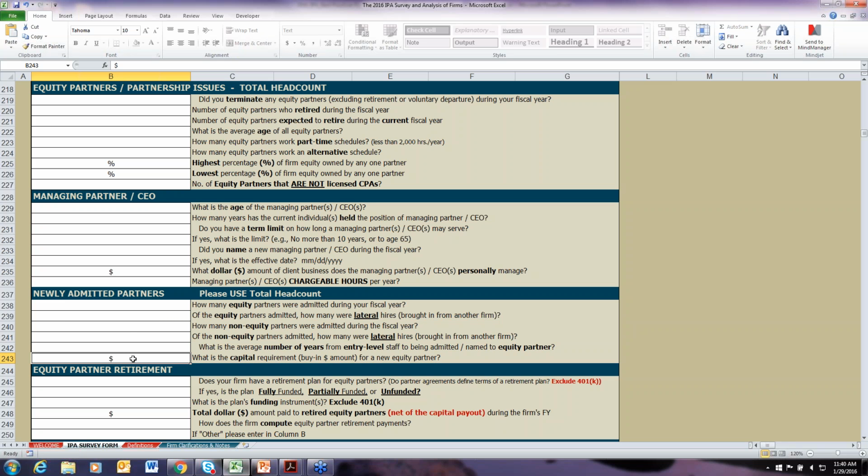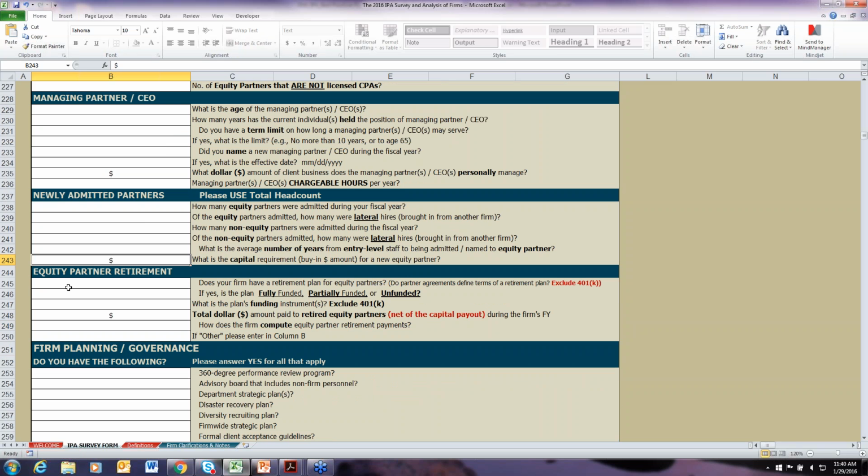Down in row 243, if you have a buy-in amount for new equity owners, what is the average amount? So we're looking for a dollar amount there, not a formula. If you've got a dollar amount, please put it in there. If you didn't have any partners buying in during your fiscal year, go ahead and give us the most recent capital requirement, most recent buy-in amount that was used.